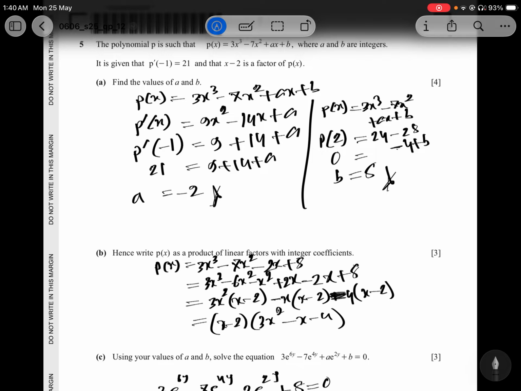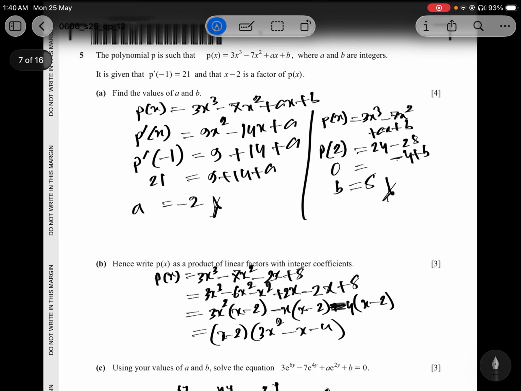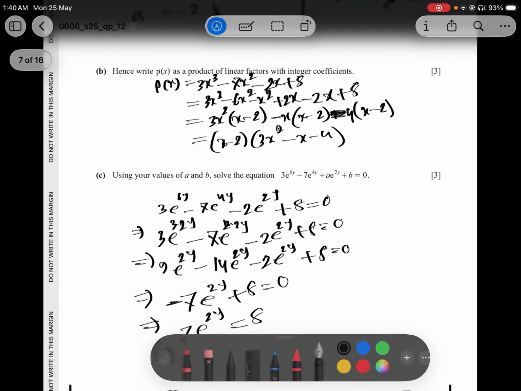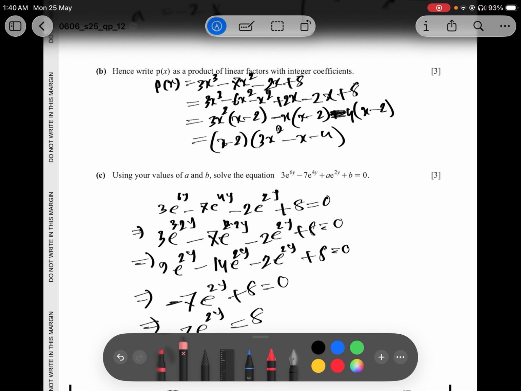A into x. So e to the power 2y is our value of x. It should be 2. Yeah. Oh my god, I'm being super stupid.